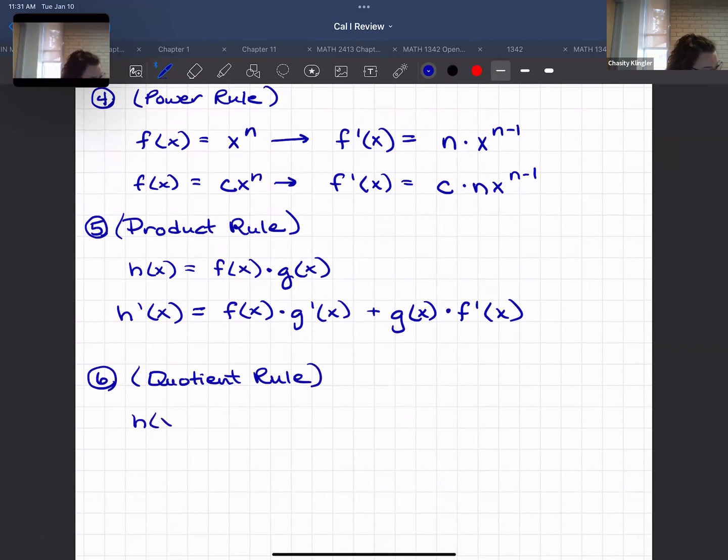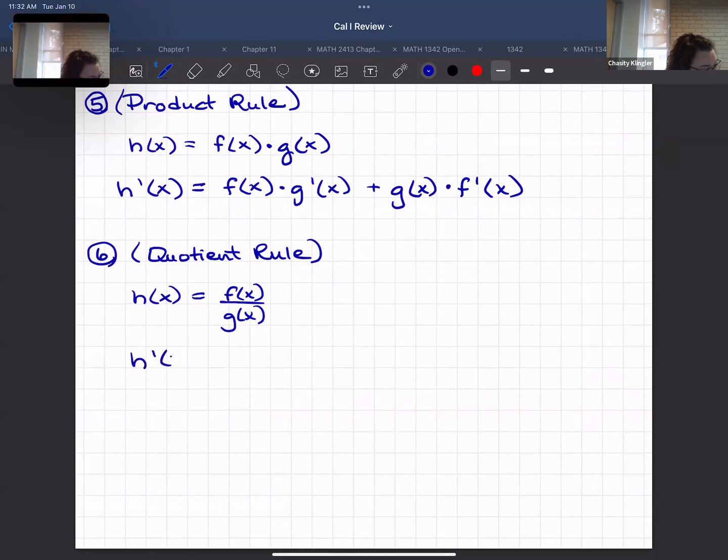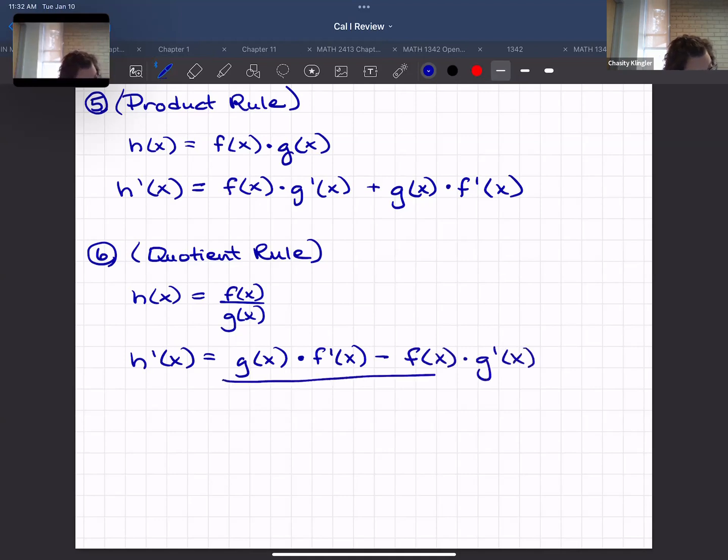So if I've got a quotient, f of x divided by g of x, the derivative of that will be, you've got to start with the bottom times the derivative of the top, minus the top times the derivative of the bottom, all over the bottom squared.